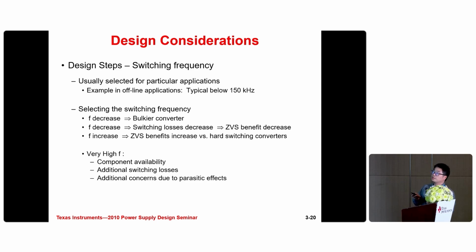For the switching frequency, if we decrease it, the size of the converter will be very large. And also, if we increase the switching frequency, we should make a trade-off. We should make sure the ZVS benefit increases compared with the hard-switched converter.